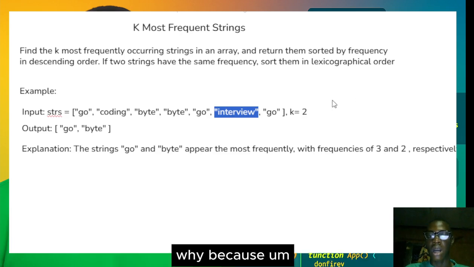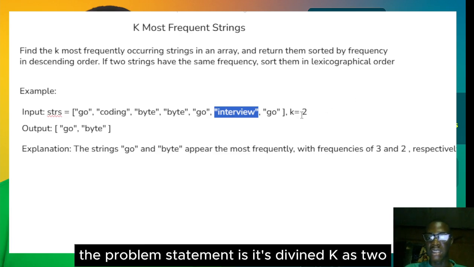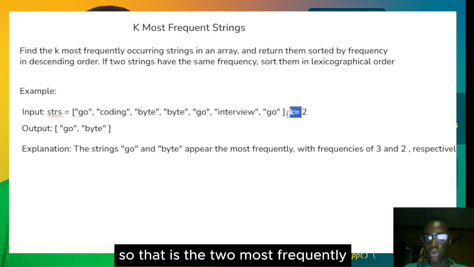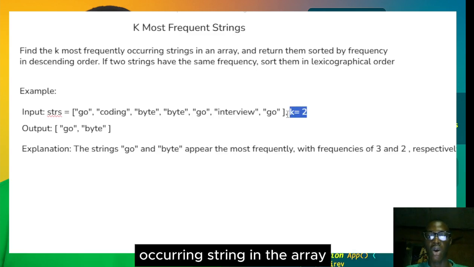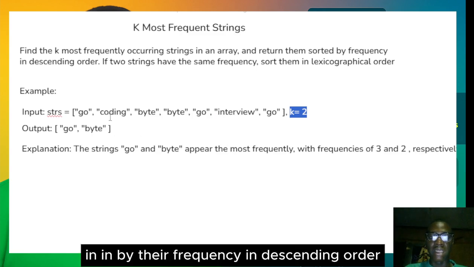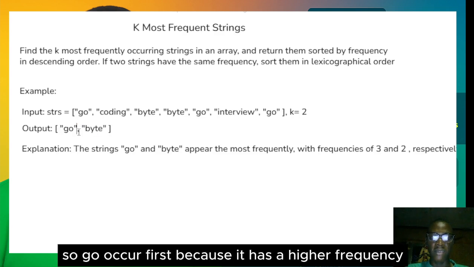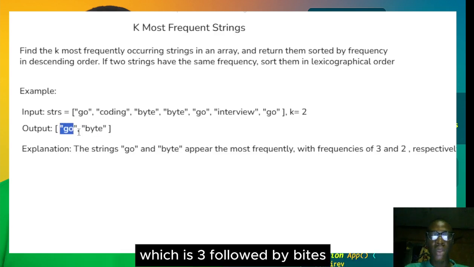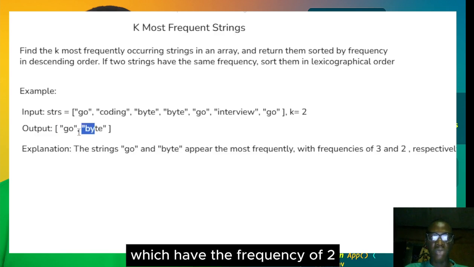Why? Because the problem statement has k as 2, so that is the 2 most frequently occurring strings in the array, sorted by their frequency in descending order. So go comes first because it has a higher frequency, which is 3, followed by byte which has a frequency of 2.